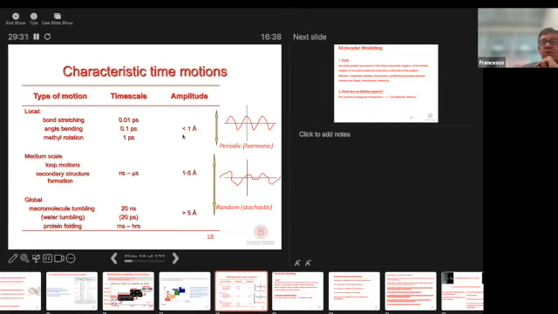The amplitude is 1 angstrom, roughly, 10 to the minus 10 meters. The bending is a bit slower. And then as I increase the mass or the size, for instance, I take a CH3 carbon with 3 hydrogen atoms, the time scale goes up to the picosecond.